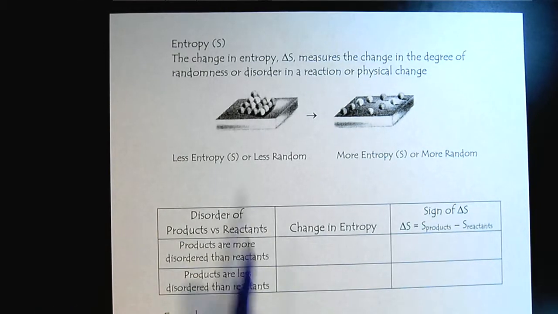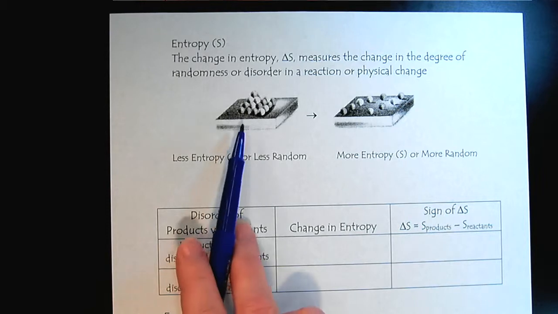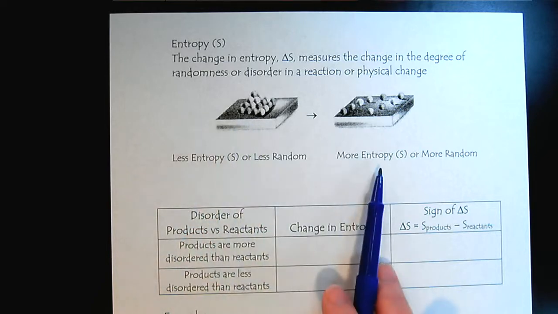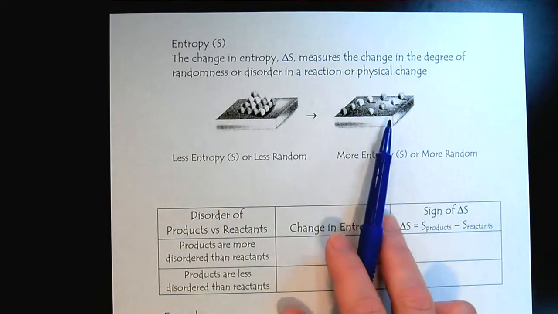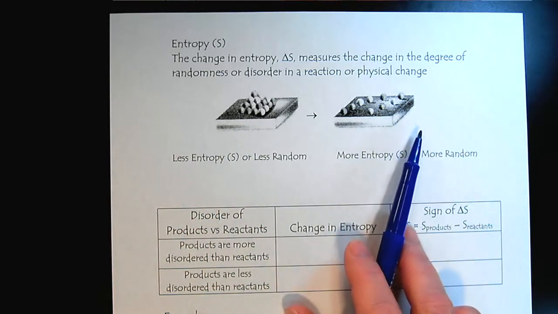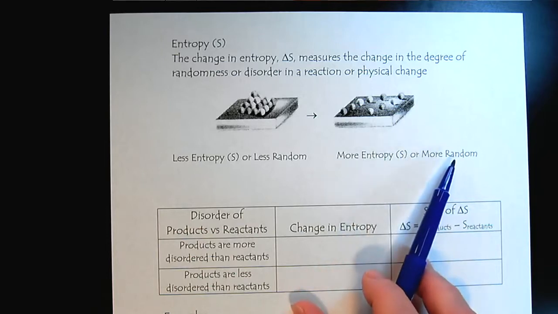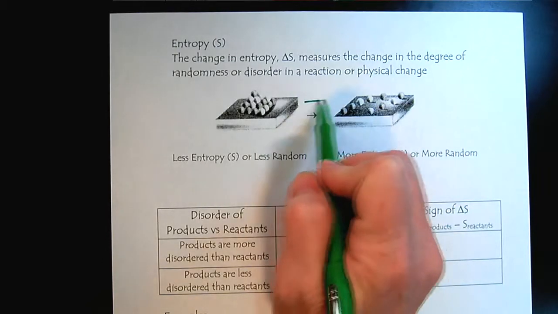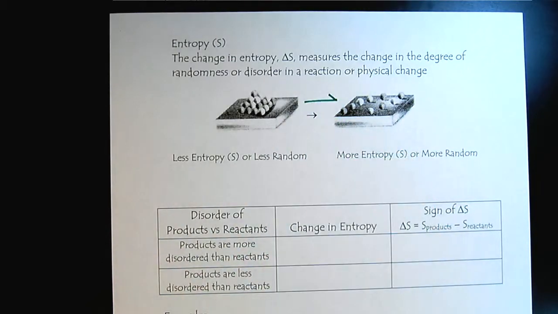So here we have less entropy or low entropy. The marbles are all stacked into a pyramid. And here we have more entropy, it's all random, more disorder. So what's the spontaneous process? The spontaneous process is for the marbles to be in disorder.